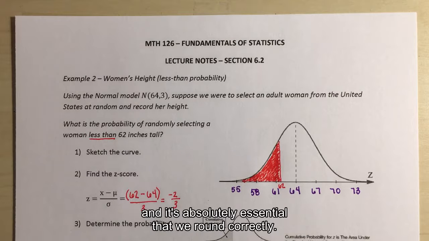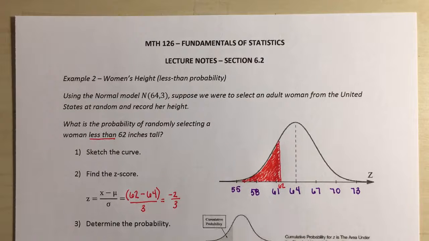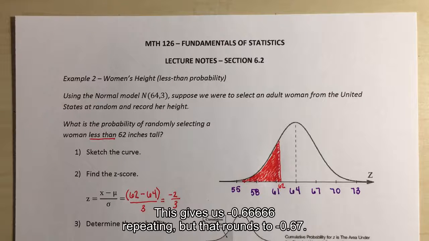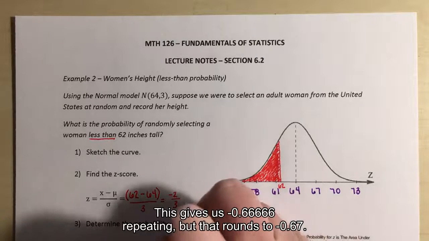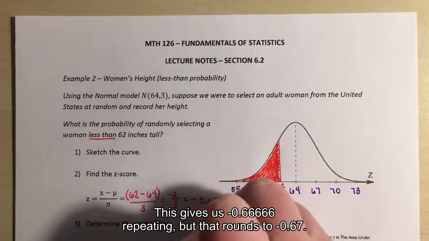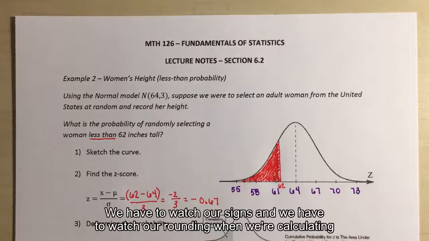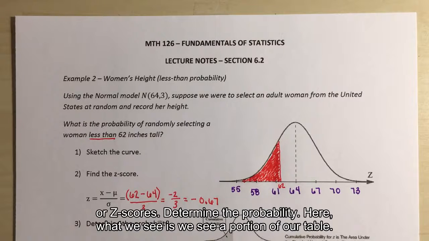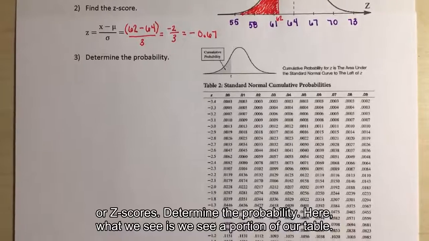And it's absolutely essential that we round correctly. This gives us negative 0.66666 repeating, but that rounds to negative 0.67. So we have to watch our signs and our rounding when we're calculating our z-scores.